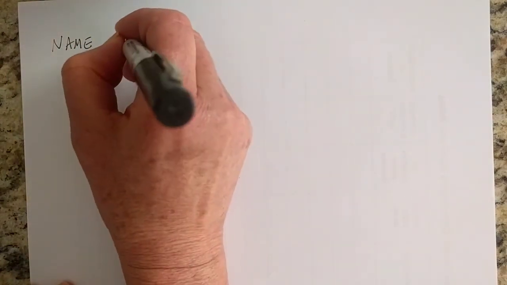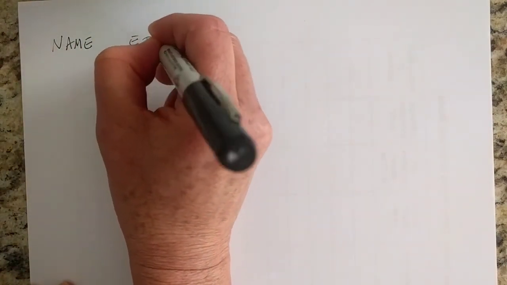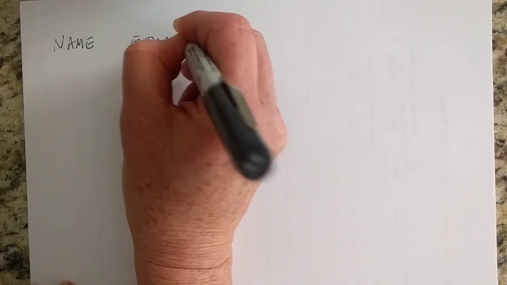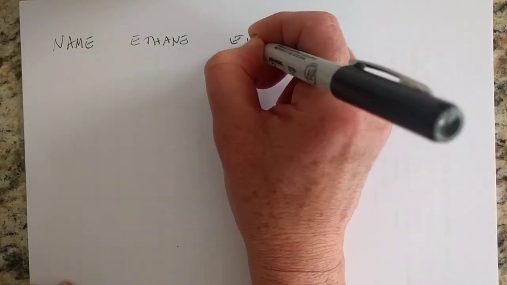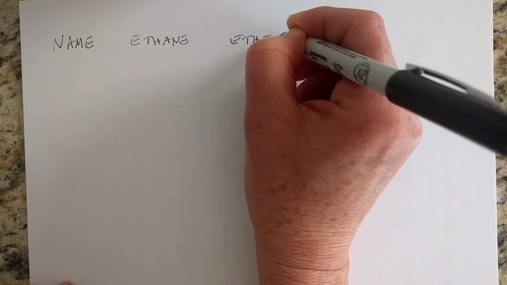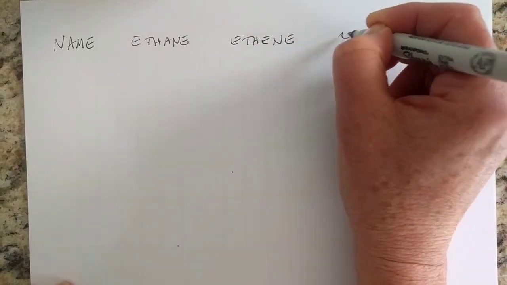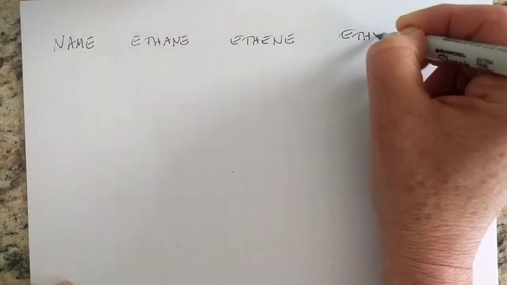So we need 4 columns in our chart. So we'll start out with the name. So the compounds that we're going to look at, their names are ethane, ethene, and ethine.